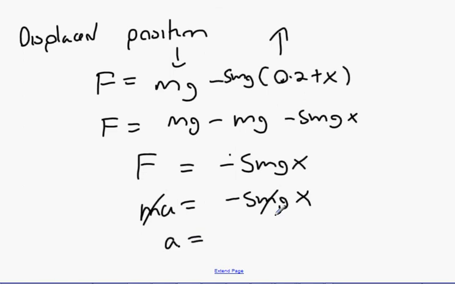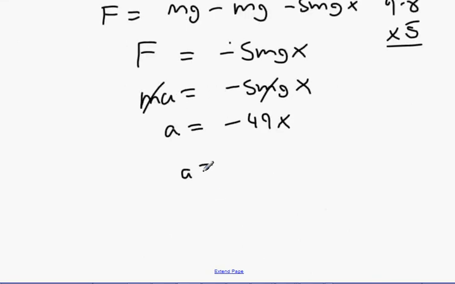We can figure out what g is. G is 9.8. 9.8 multiplied by 5 is 49, so minus 49x. A equals minus omega squared x. Omega equals 7.